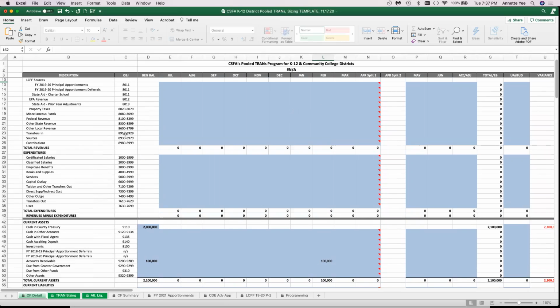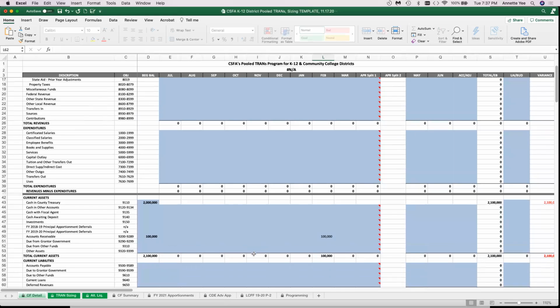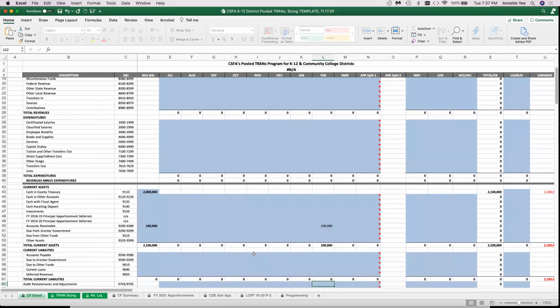I see. So you're talking about which object code to put it under. Exactly, because we want to align it with where we initially thought we would collect it. Got it. Okay. Do you think that we need to go over a similar thing for the accounts payable, and how that would work?